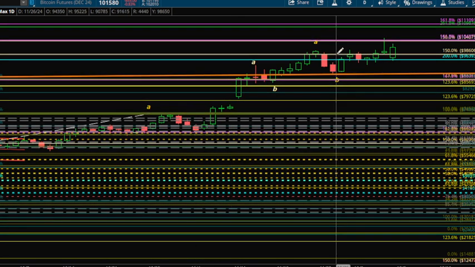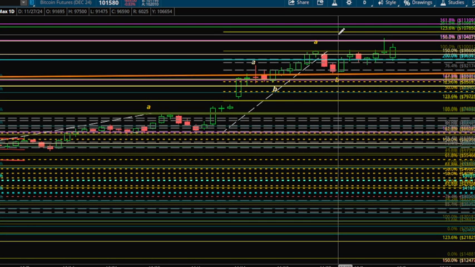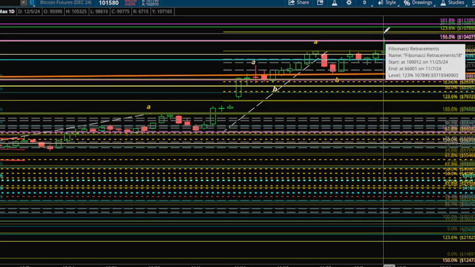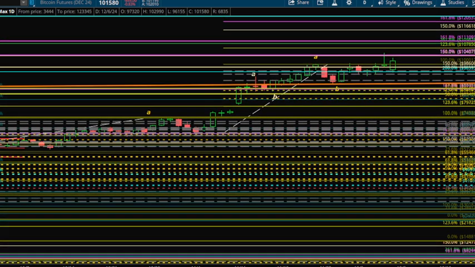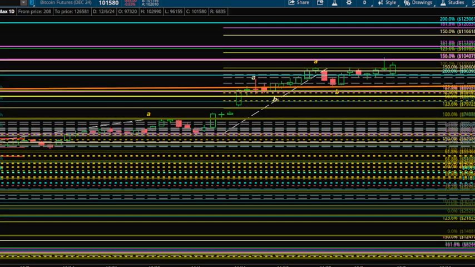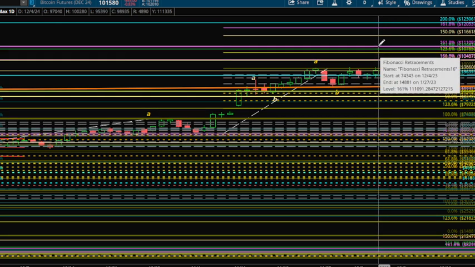let's measure this leg. Here's our 123 at 107,850. Our 111 targets were up here. Here's 111.